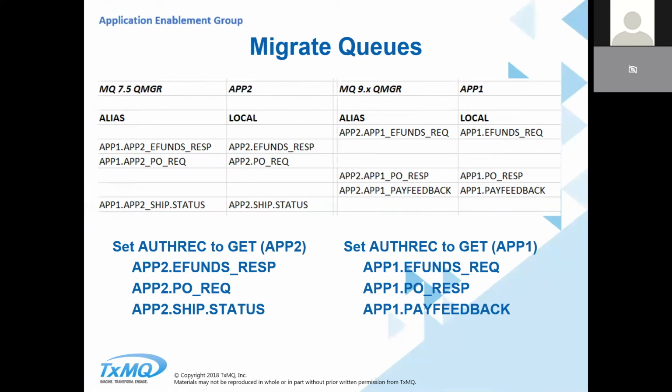And believe me, I know in this case it's a very simplistic example, and I definitely know when going through scenarios like this, in the end, it could be hundreds of MQ objects that need to be lifted and shifted between two queue managers, and that you couldn't fully retire one of them yet. You've got to keep them going. But that would be an example of the application enablement group.